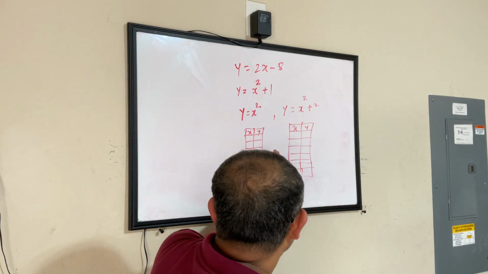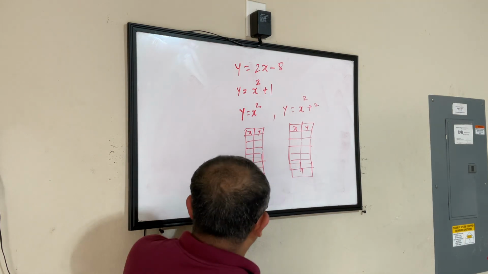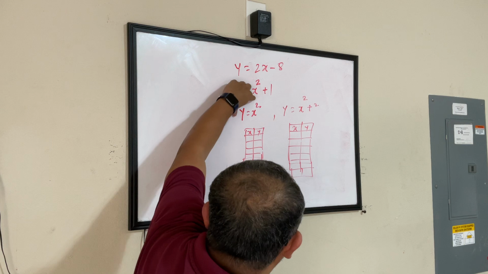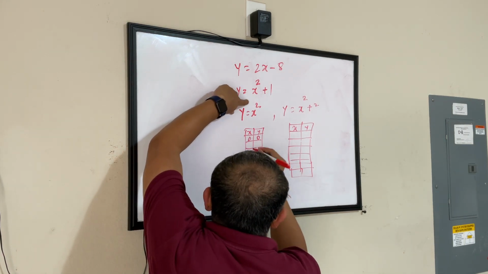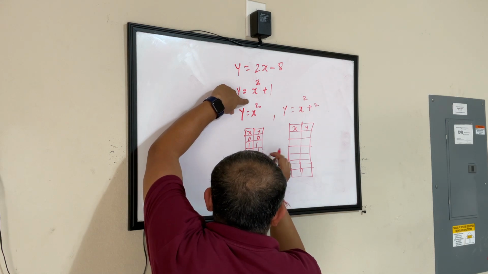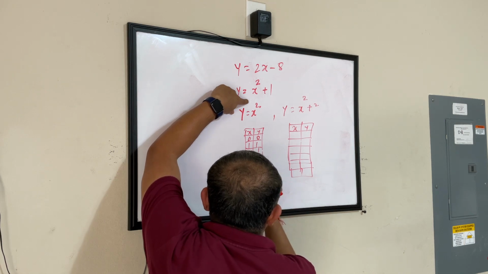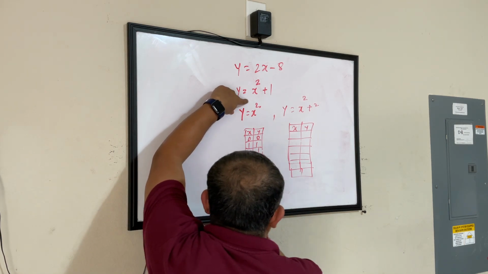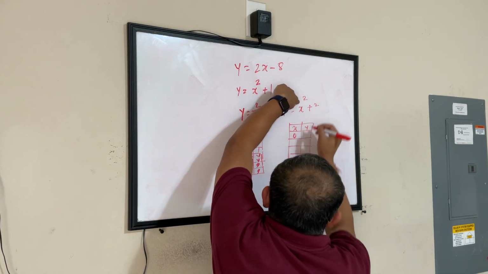Alright, so coming back to this one. These are x and y values for this equation and this equation. For the first one, when x is 0, y is 0; 1 gives 1, minus 1 gives 1, 2 gives 4, minus 2 gives 4, 3 gives 9, minus 3 gives 9. For the second one, when x equals 0, y gives me 2.